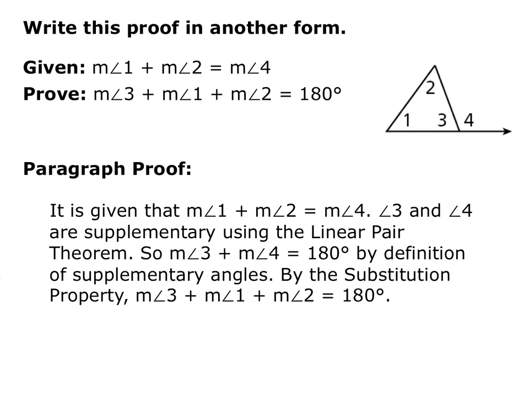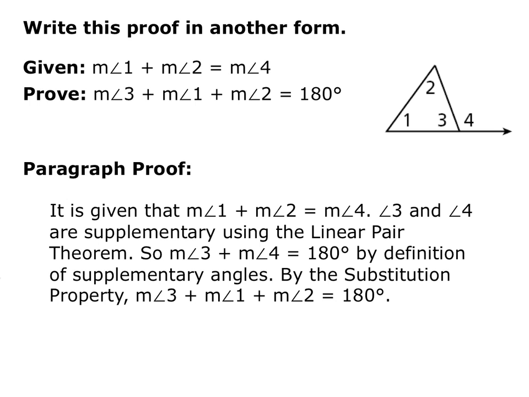Okay, for line 3. Does 3 rely upon 1 or 2? Yes, which one? 2. Okay, so from this one, then we come up with measure of angle 3 plus measure of angle 4 equals 180 degrees.